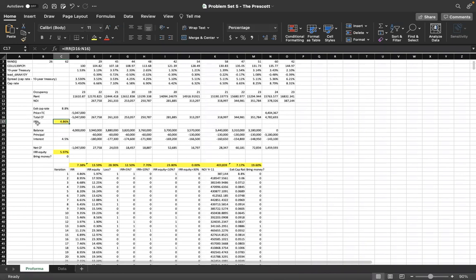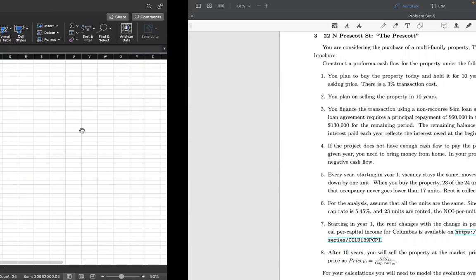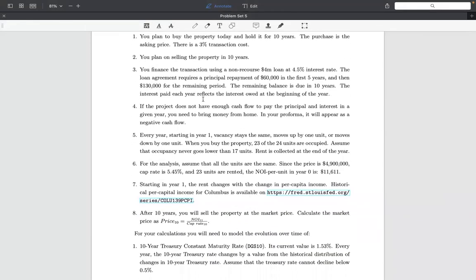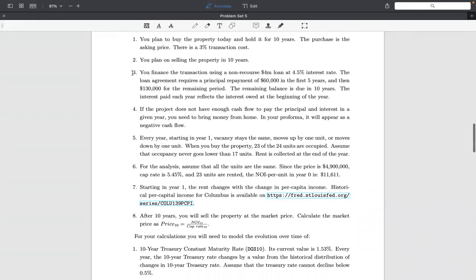And you also need a section that models the mortgage amortization table. So let's see. It says in bullet 3, you finance the transaction using a non-recourse $4 million loan at 4.5% interest rate.